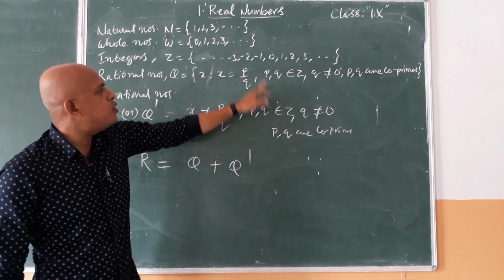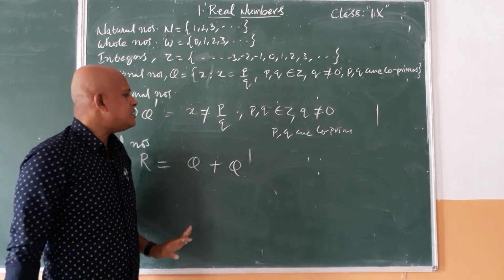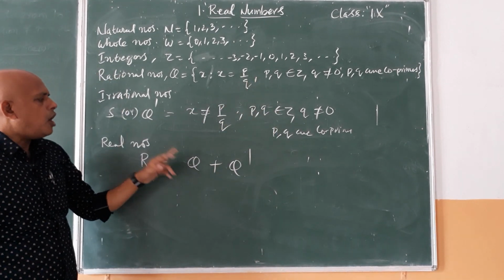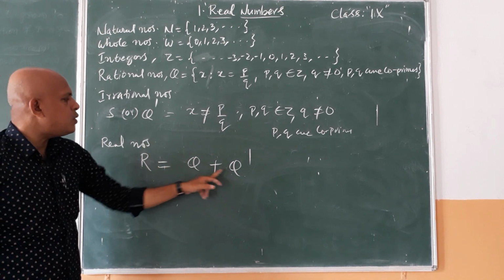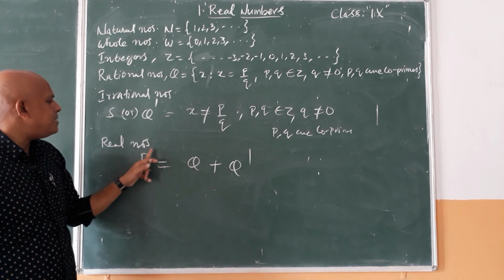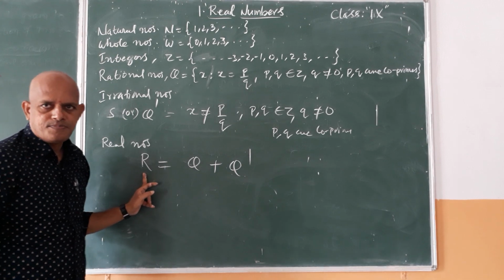Both rational and irrational satisfy the same condition here. And now, at last, the combination of rational and irrational numbers is called real numbers and is denoted with capital R.